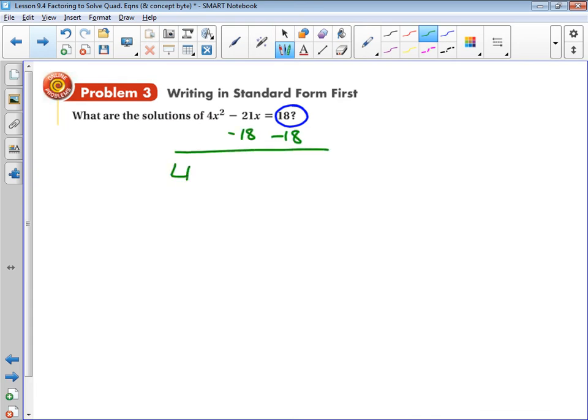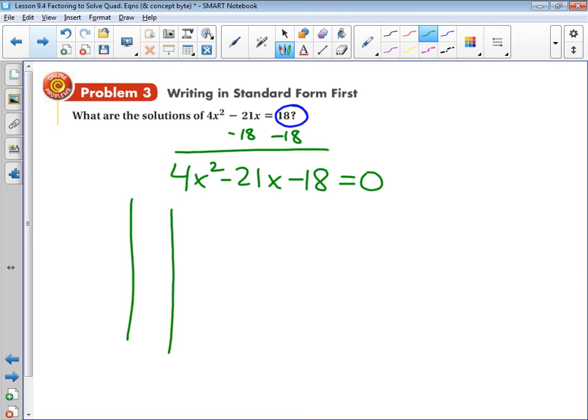So you get 4x squared minus 21x minus 18 equals 0. And now you're pretty much doing the same type of problem that you did in problem 2. You're going to factor. You're going to get two binomials equal to 0, and then you're going to finish the problem. So hit the pause button and give this one a try all by yourself, and I'll give you the solution in just a second.